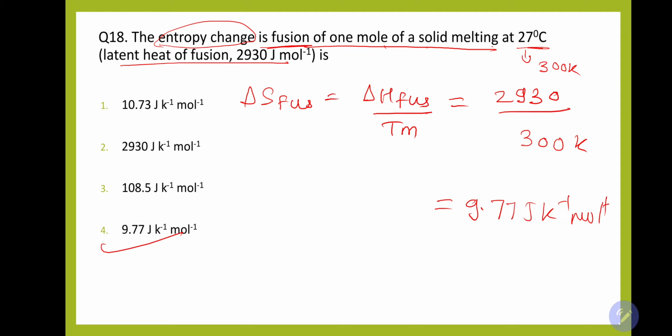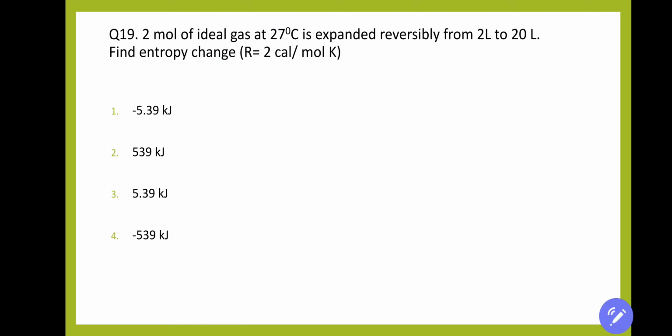Now let's move to the next question. Next question is, 2 mole of ideal gas at 27 degrees Celsius is expanded reversibly from 2 liter to 20 liter.